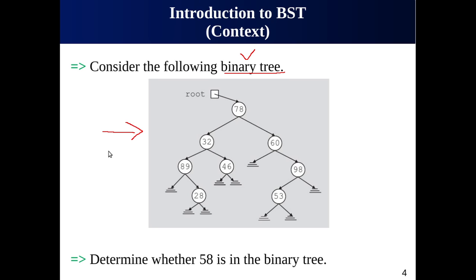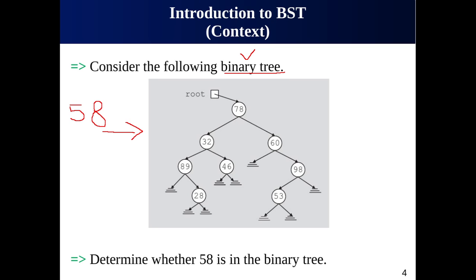Okay, coming back to the binary search tree, for example, this tree, which is a binary tree, is given to us, and somebody asks us to search for the key, the value, the element, for example, 58 in this binary tree. To do so, we can use any of the traversal algorithms.